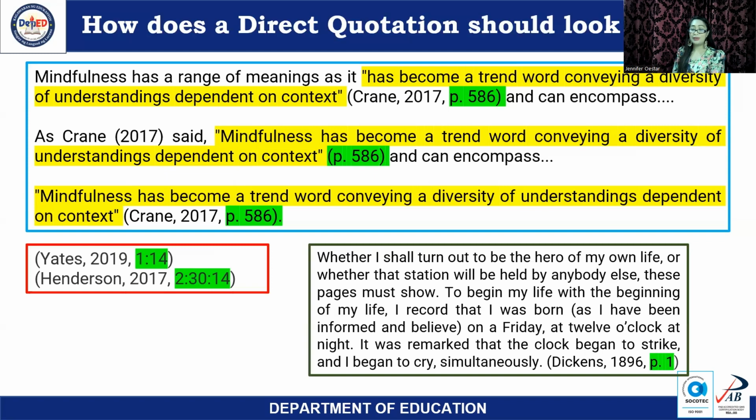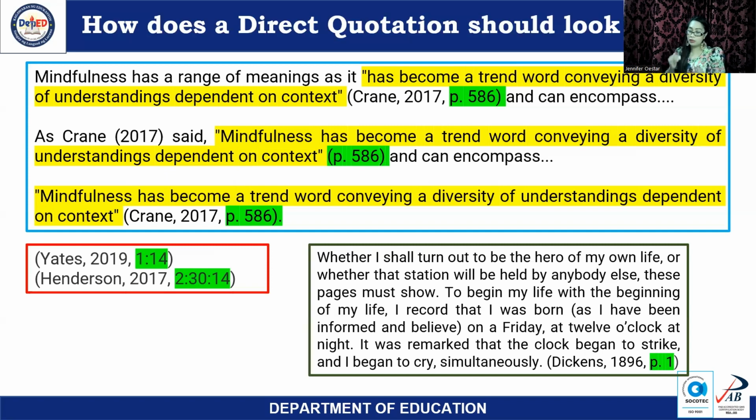Why do we no longer require the opening and closing quotation marks? Because we have a rule: we only include quotation marks for a direct quotation if it is less than 40 words. But if it is more than 40 words, we do not include the quotation marks, but we use the block style in a separate paragraph.